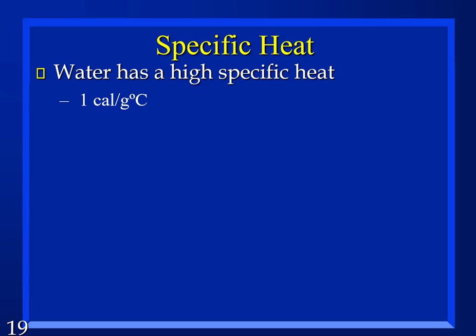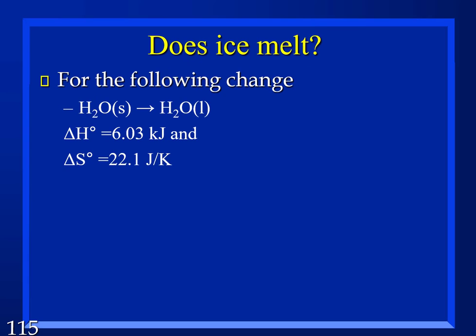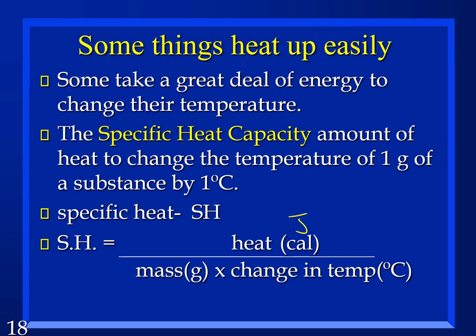So if we compare that to specific heat capacity, the difference between the definition of calorie and specific heat is if you take out this and write the word calorie, instead of a substance, it's water. That was our definition of a calorie. A calorie is the amount of heat to raise 1 gram by 1 degree Celsius. So if the specific heat is the amount of heat to change the temperature of 1 gram of something by 1 degree Celsius, water is going to have, by definition, a specific heat of 1.